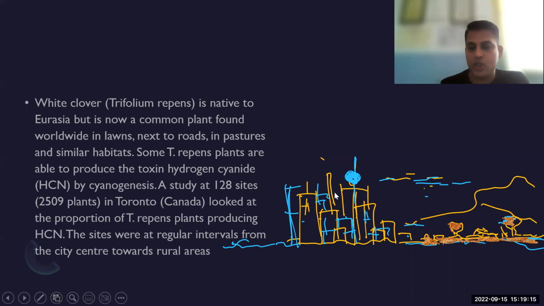I try my best to show this picture of how it looks when we are moving from a city center to the rural area. Here it's a crowded city with buildings, and then we get more calm and quite beautiful village sites. That's how we can imagine things moving from the city center towards the rural area.